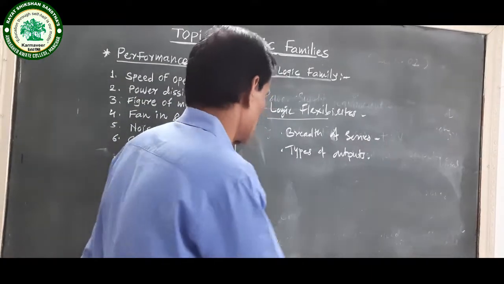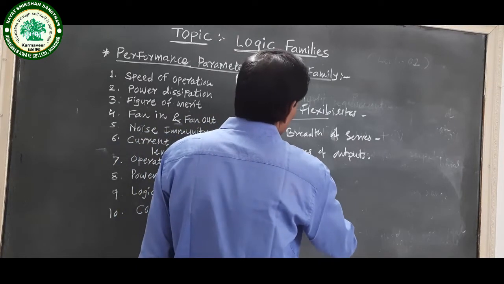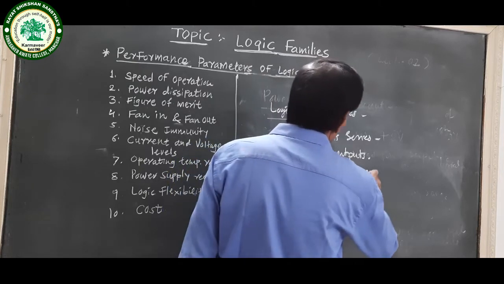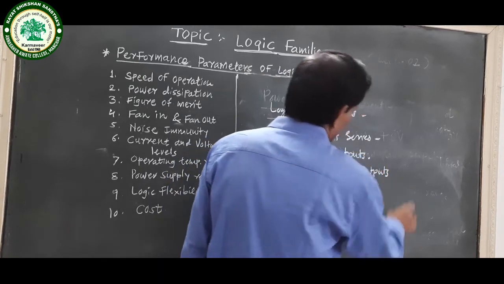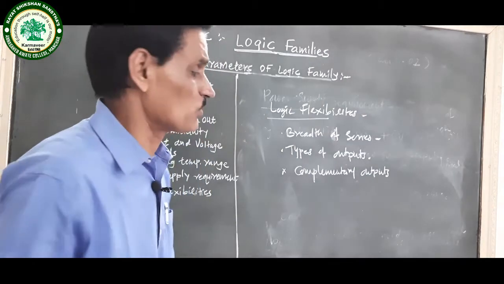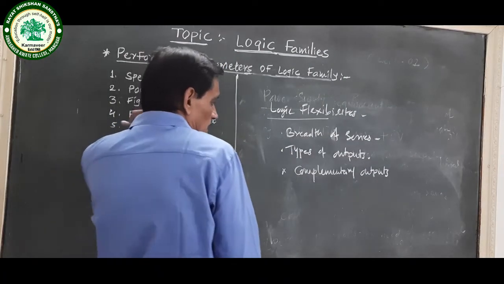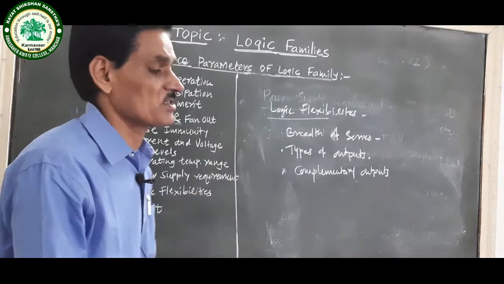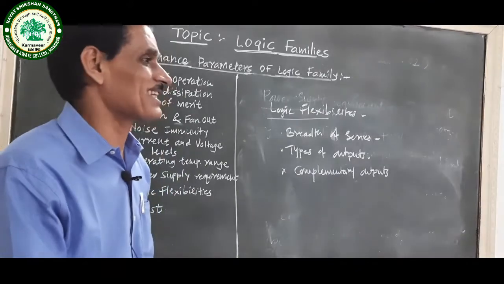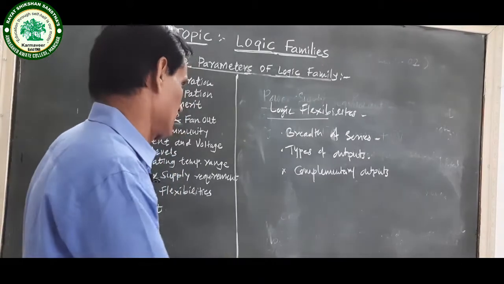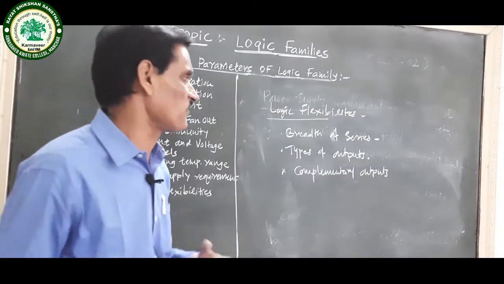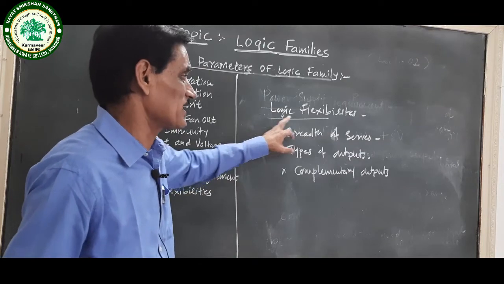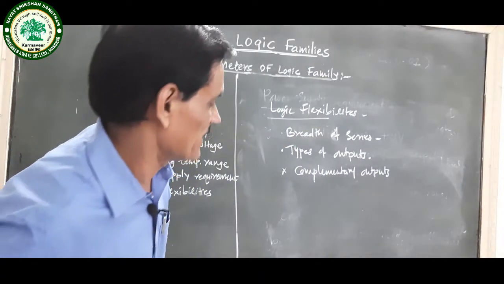Then complementary outputs. Some logic family ICs will provide complementary outputs, thereby avoiding the use of inverters. Some logic families, for example open collector devices, can drive loads like relays or lamps directly. So whatever additional facilities are provided in the corresponding logic families, we are calling them logic flexibilities.